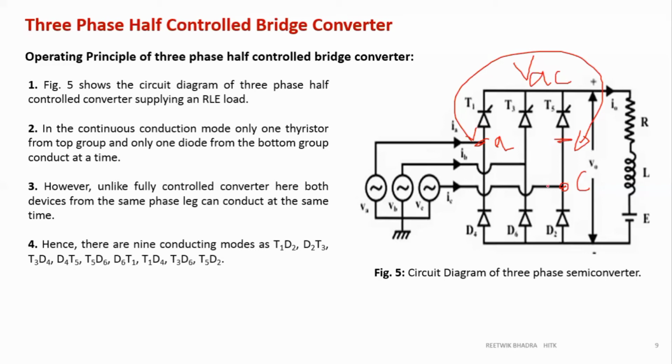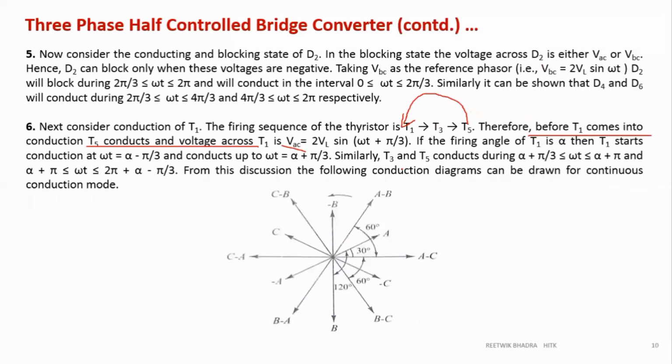So VAC is the voltage which appears across the T1 thyristor at the point when it is being turned on. So we are writing the equation for VAC, magnitude remaining the same, root 2 VL sine omega t. Now VBC, which we have considered as reference, that's why I have drawn the figure over here again.